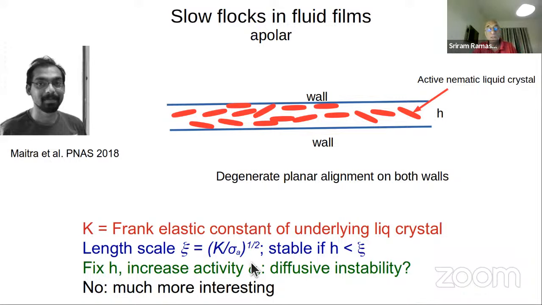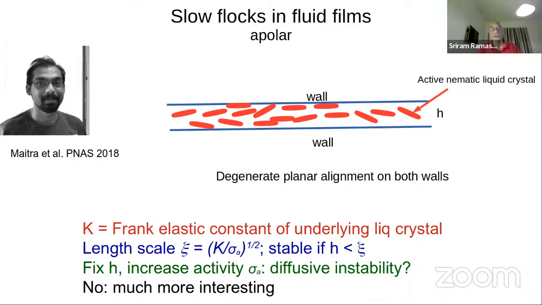And now I take my system and I increase the activity by some means. Maybe I change the rate of chemical reaction. Maybe I change the amount of nutrient or whatever it is. As I increase sigma active, xi should decrease. And at some point, xi will become smaller than h. And once xi becomes smaller than h, it's essentially like the unbounded system, and the instability should kick in. You might think that's what happens.